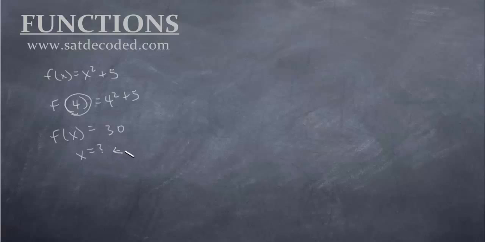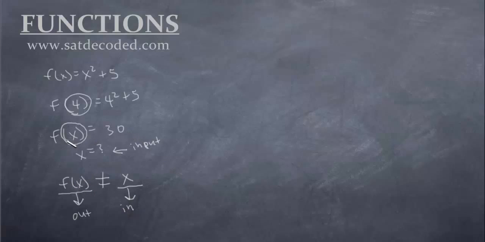Remember, the x right here is our input. It's very important to recognize that f of x as the whole function is not equal to x because there's this f in front, so of course they're different. This side is actually considered the output, while this x, which is just the part inside the parentheses, is our input.